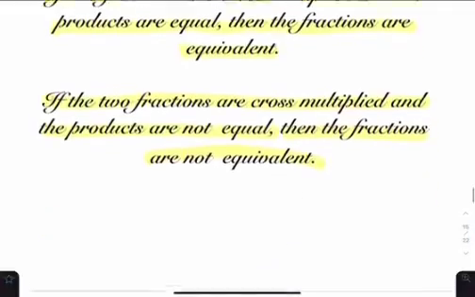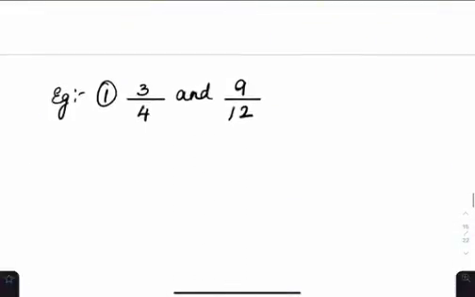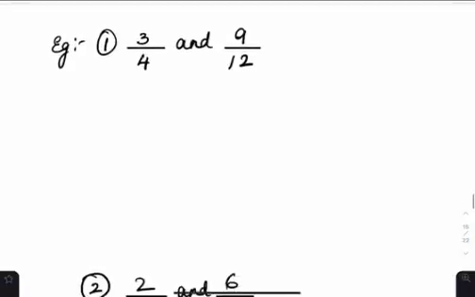Understood, children? Now we'll work out an example to understand how it actually works. Now 3 by 4 and 9 by 12 are two fractions. As per the condition, we will have to cross multiply both of them. Let's see what happens. 3 by 4 and 9 by 12.